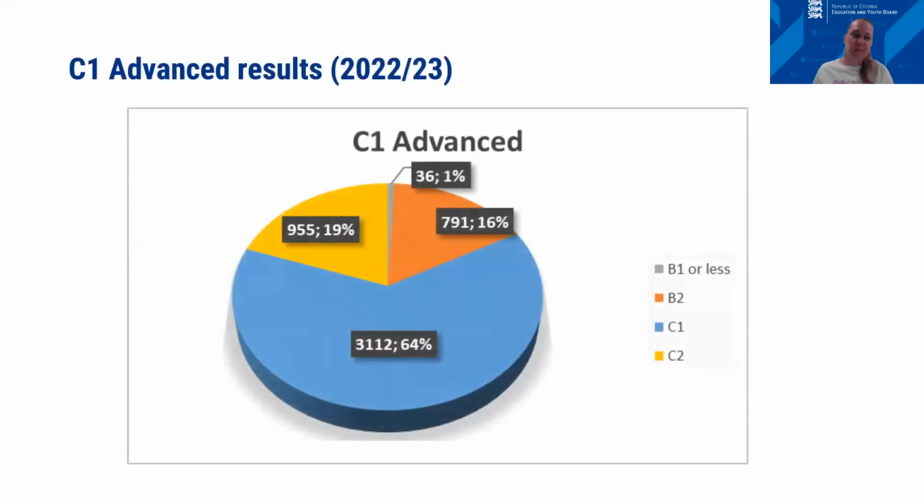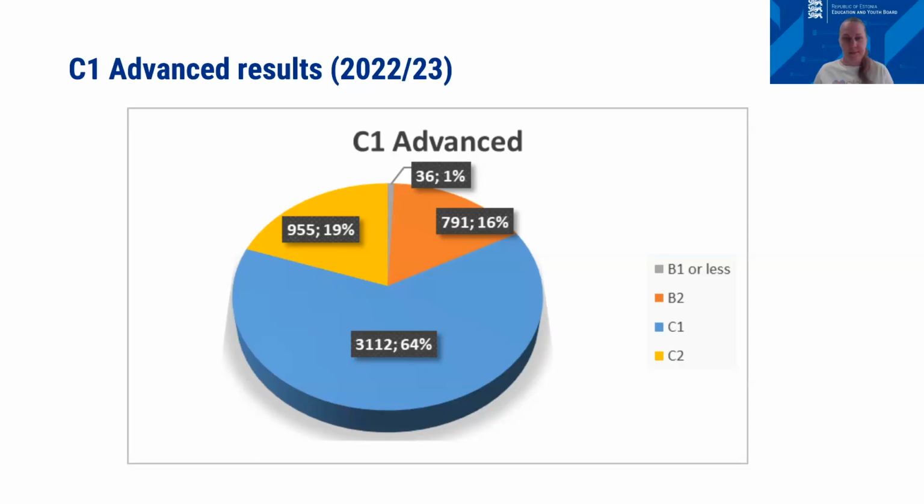And moving on to giving an overview about the results, here we can see the results from last spring. We are happy to say that actually 83% of exam takers achieved C1 level or above.